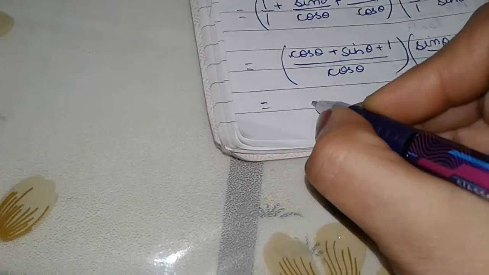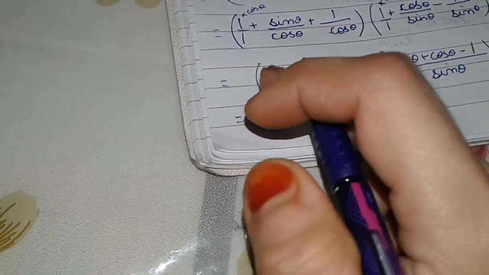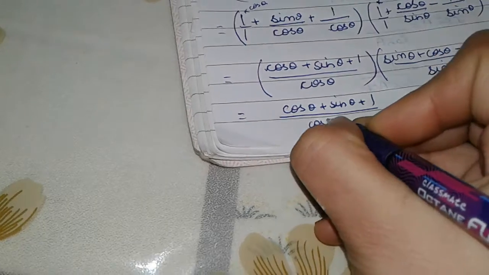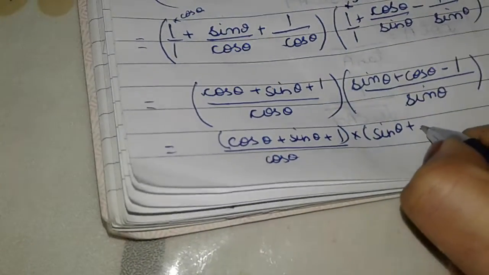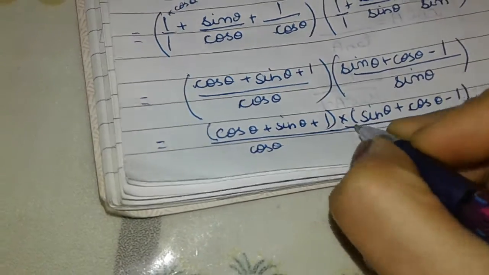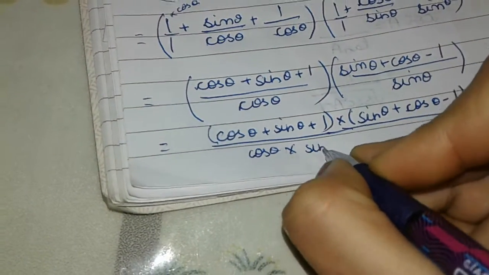Now take the bracket to the numerator, and to all this numerator: cos theta plus sin theta plus 1 upon cos theta. Here is the bracket, multiplied by sin theta plus cos theta minus 1, and here it is multiplied by sin theta.